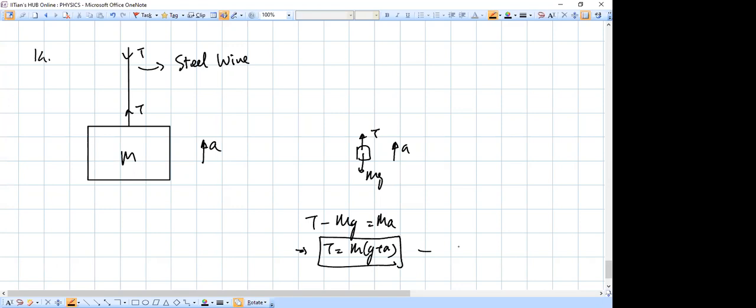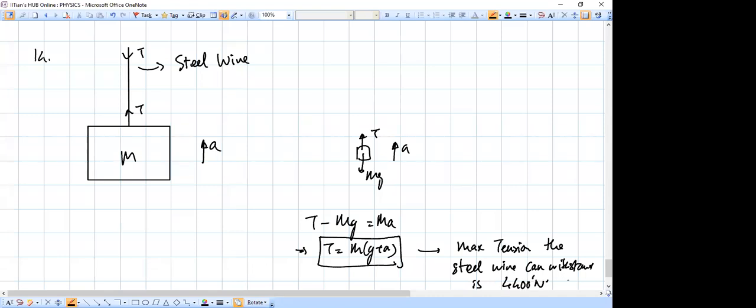Now the maximum tension the steel wire can withstand is, how much is it now? It is 4,400 newtons.